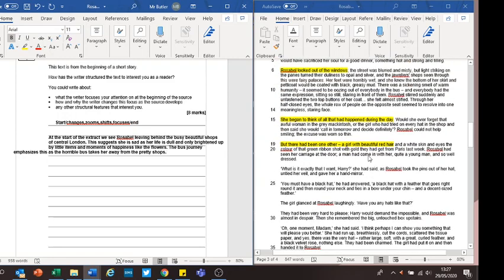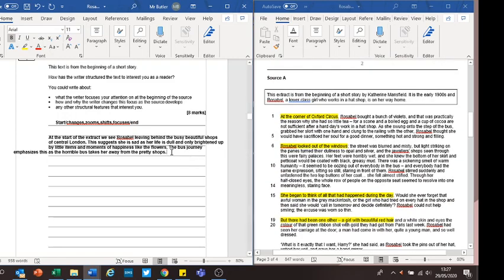So then the next bit, the writer then shifts to her thoughts and we see how miserable her life is as she has to surround herself all day with pretty things she can't have. Right?